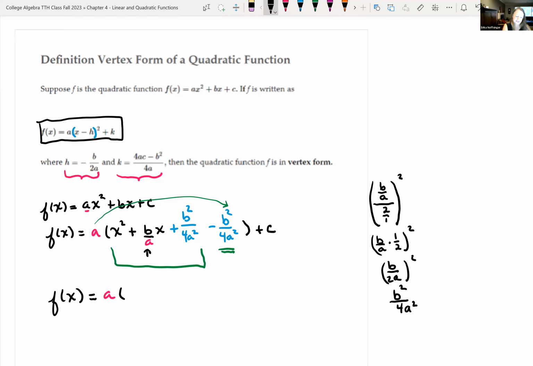So remember, it was that value before we squared it. So it's going to be x plus b over 2a quantity squared. And then we have minus the coefficient out front a times what we're pulling out, b squared all over 4a squared. And then we have this plus c.